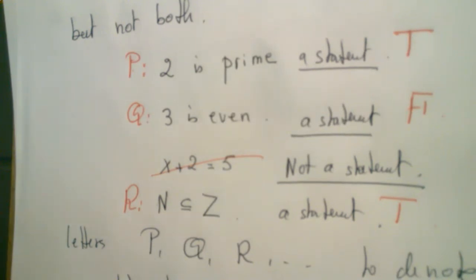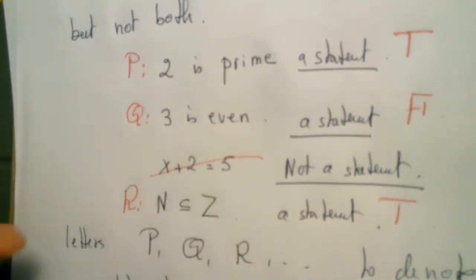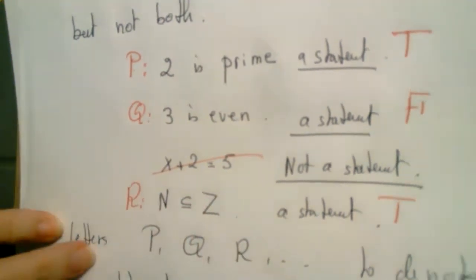Now, like when we did with sets, every time we construct a new object, we start combining the objects. So we defined a set, then we talked about the union of two sets, and then the intersection of two sets. And now we define something called a statement, and then we're going to start combining statements in the following way.